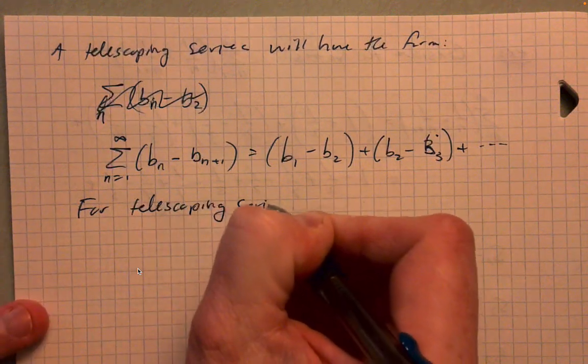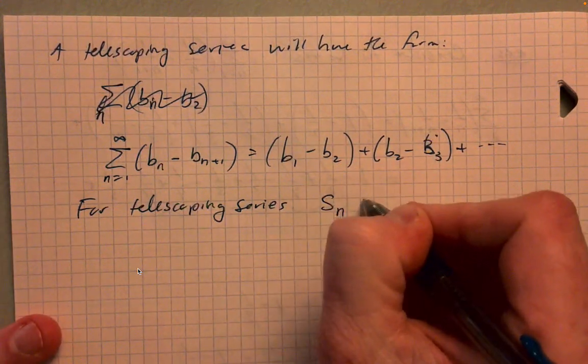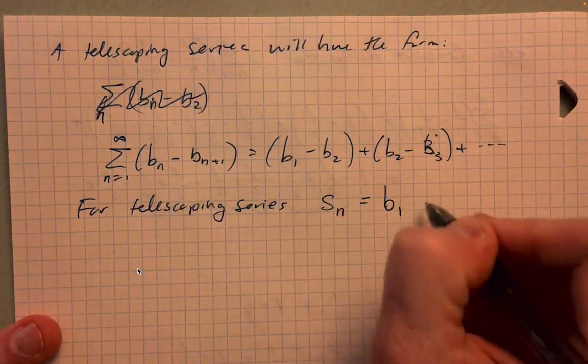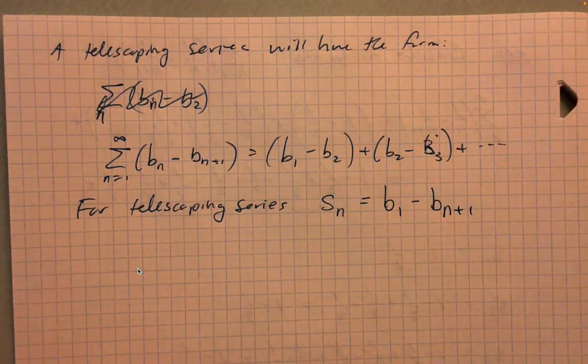So for a telescoping series, S_n is going to be equal to b1 minus b_(n+1). That's the way it's going to work out.